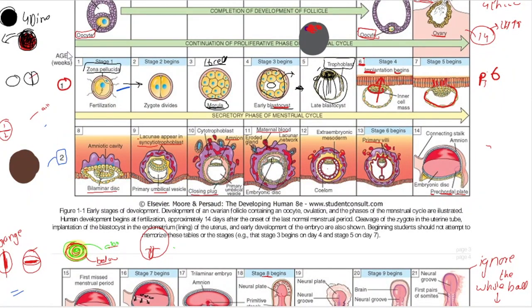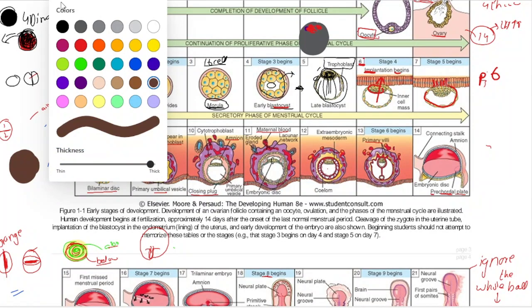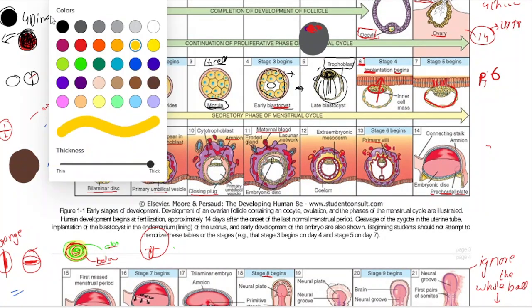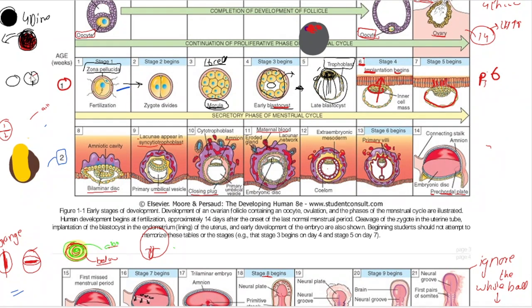Now this ball has an outer covering, and the outer covering is called the trophoblast. So the outer covering is the trophoblast. Now this will enter into the uterus of the mother, and after entering, what will happen?